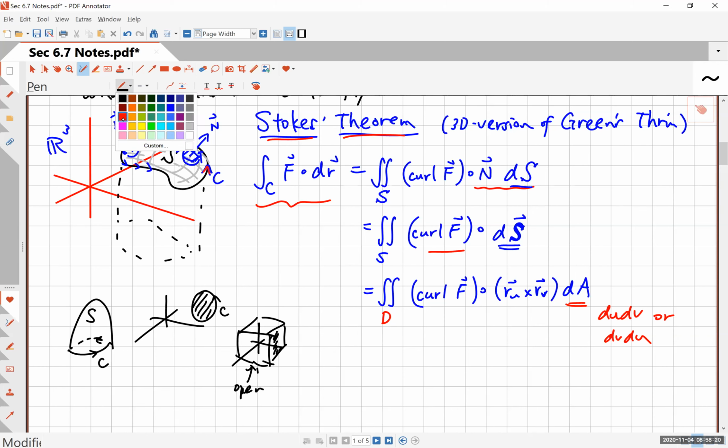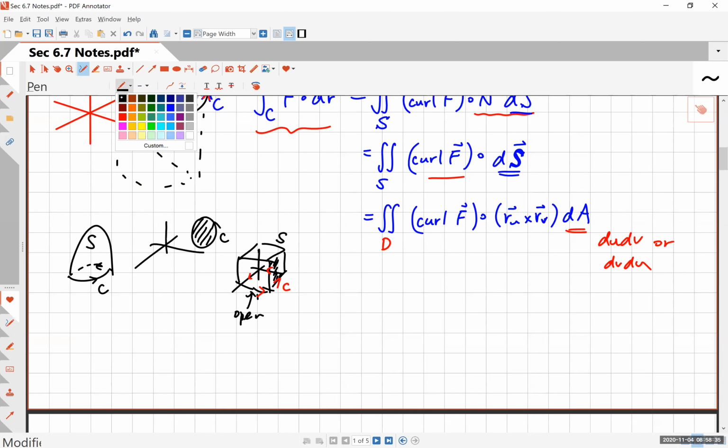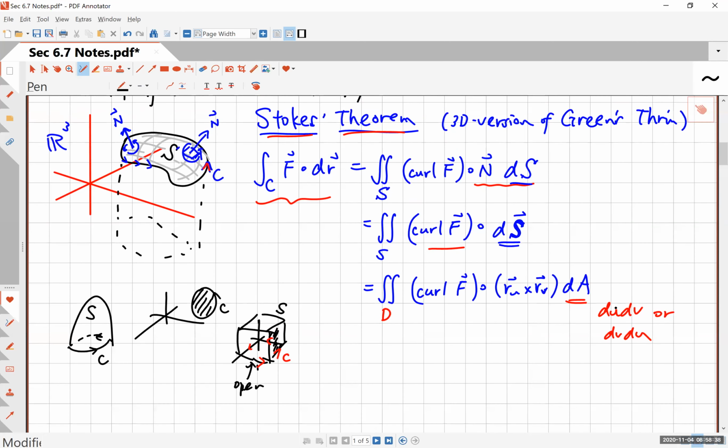In that case, the boundary circle is going to be the bottom 4 edges, right? So that's a possibility, and in this case, the surface itself consists of 5 sides of the cube. So there are many different surfaces on which Stokes' theorem applies.